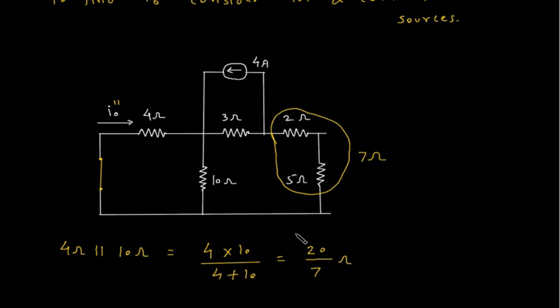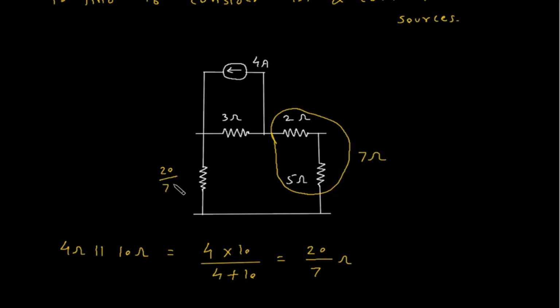Now this 20 by 7 ohm is in series with 7 ohm.